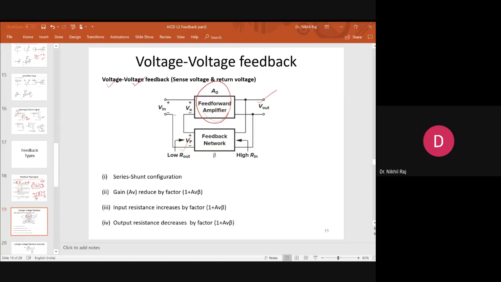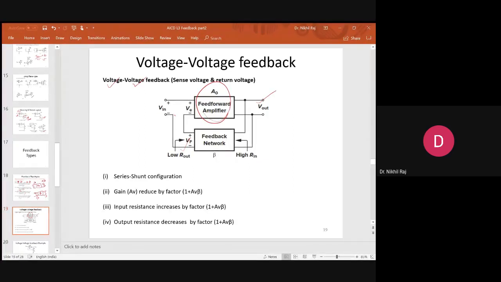Now look here, it is a series shunt configuration. What type of configuration is there at V out? This is shunt, and this is series. Shunting means in parallel.